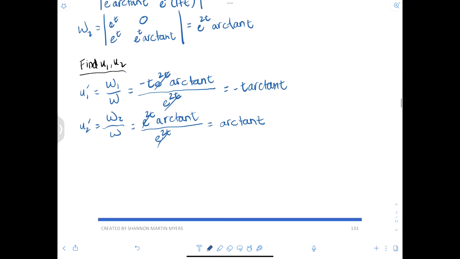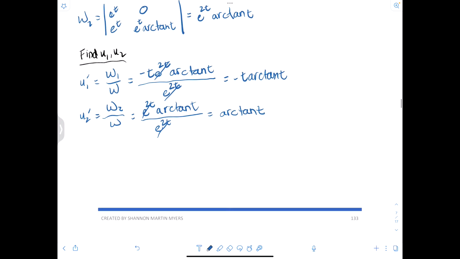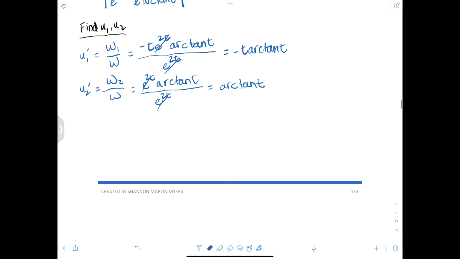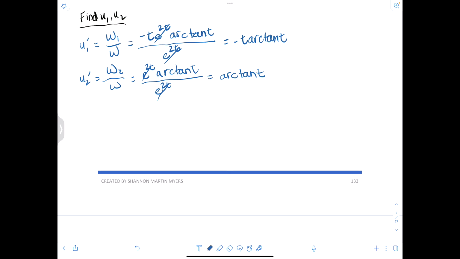So now we have to integrate. So these are not the friendliest integrals, I don't think, on this one. We have to kind of do integration by parts on both. So let's take a look. U1, so du1 is going to equal negative t arc tangent of t dt. So just change that prime notation and set these equal to each other.